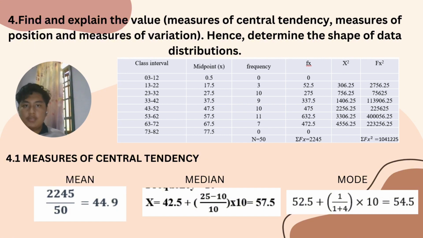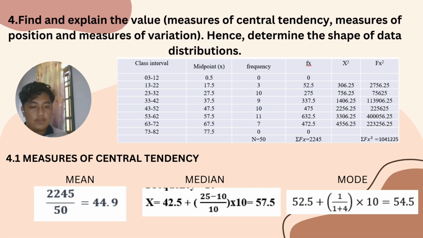For the mode, you need to locate the modal class, which is 53 to 62. The lower class boundary, which is LM, is 52.5, and the class width is 10. The difference between the frequency of the modal class and the frequency before the modal class is 1.